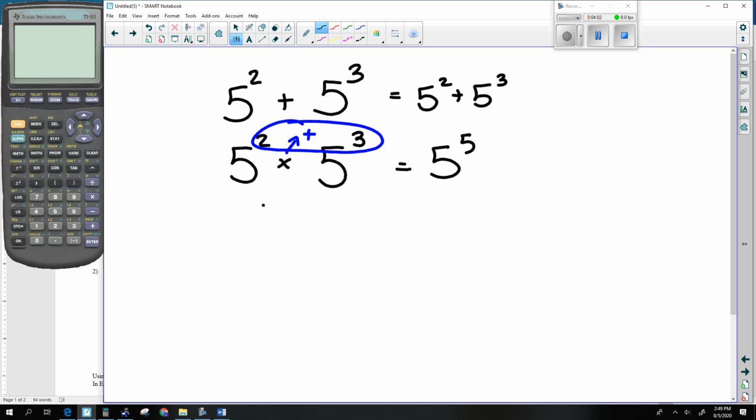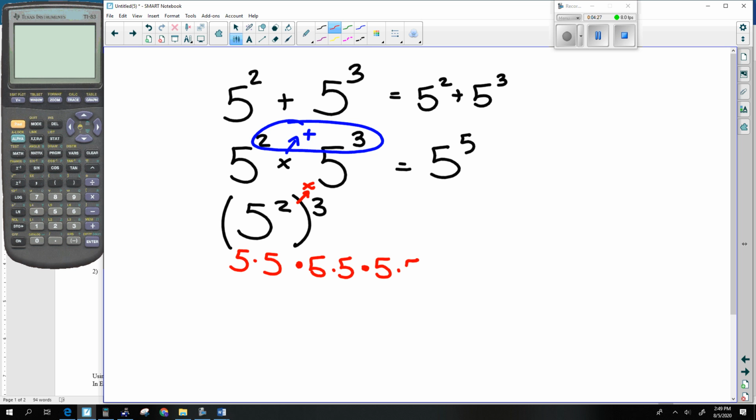What happens when you have an exponent to an exponent? Okay, an exponent to an exponent. Well, in that situation, you multiply them. Because again, this is the same thing as saying 5 times 5. Well, what happens when you have 5 times 5 times 5 times 5 times 5 times 5?